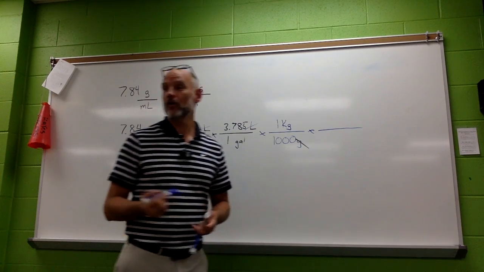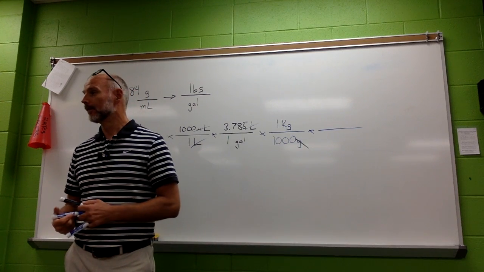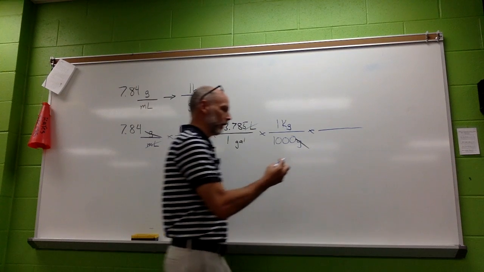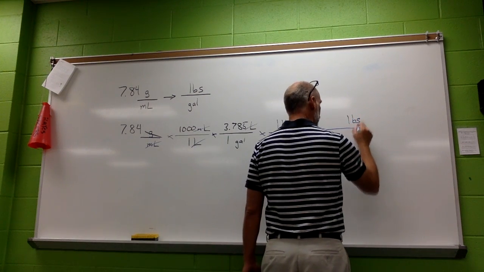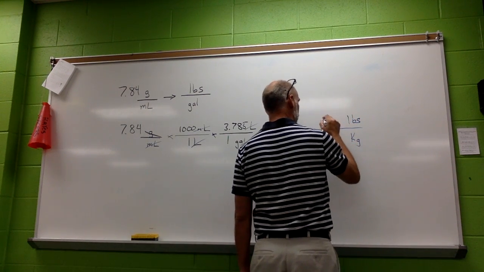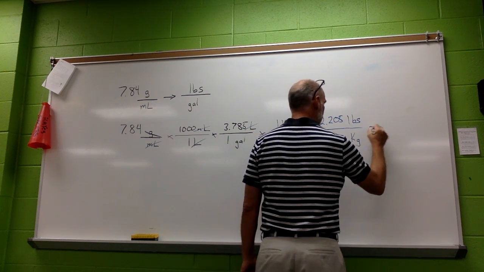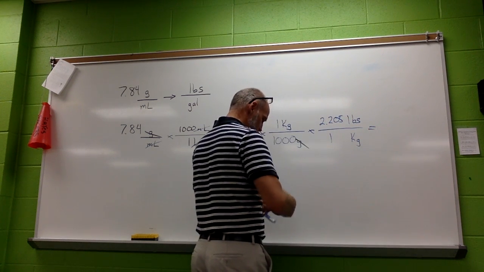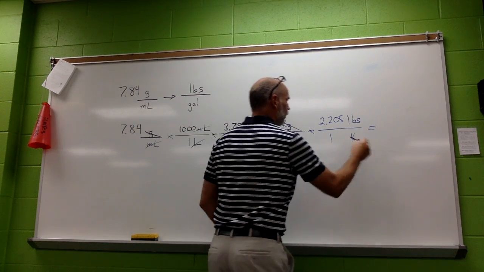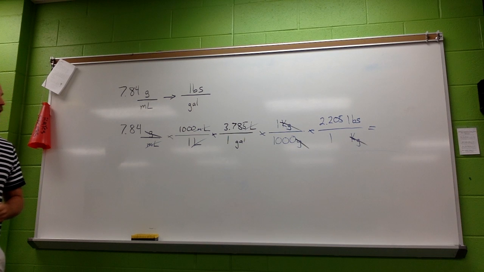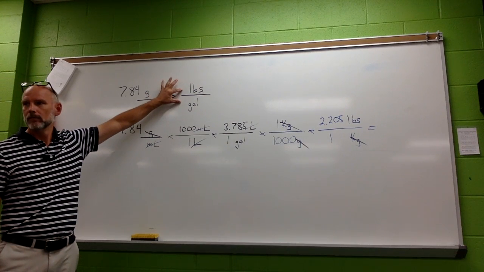So what's going to go in the numerator? The pounds are going to go in the numerator. And now we can see that we are left with the unit of pounds per gallon, which is what we were going for.